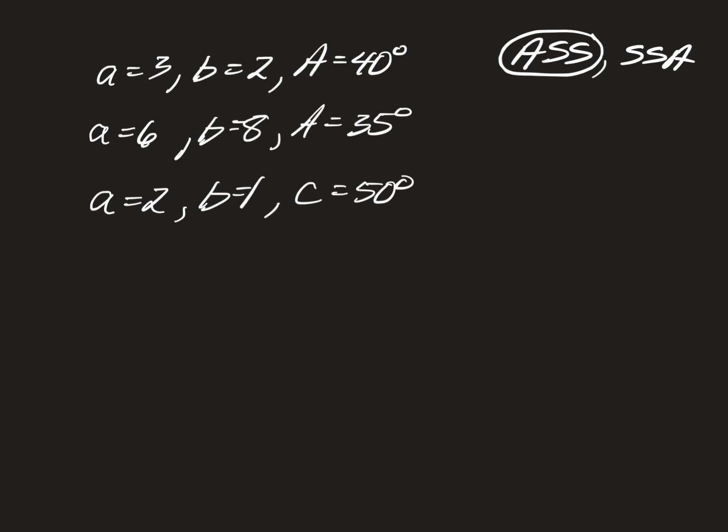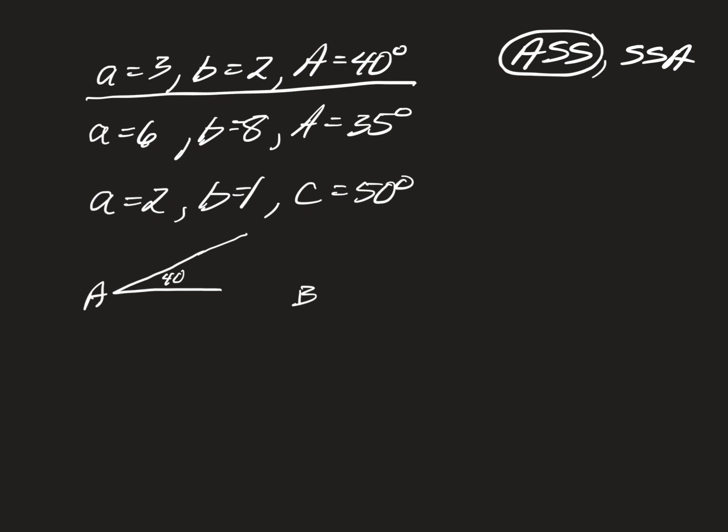So for instance, if I was looking at this first case, A equals 3, B equals 2, angle A is 40 degrees, then whenever I draw these out, I always draw the angle first. So there's 40 degrees, okay? And this is angle A. And then angle B is going to be over here, all right?